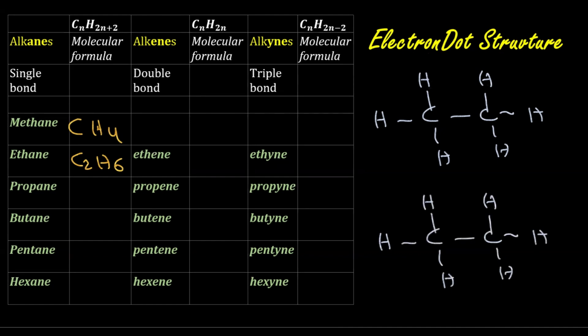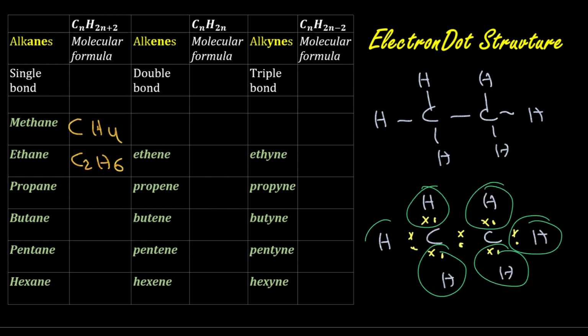So what I'm going to do is replace this bond with a cross and a dot. Same I'm going to do with all carbon-hydrogen bonds. This is cross dot, cross dot, cross dot, cross dot, and a cross dot. And between the carbon bond, I'll be using cross, indicating that here dot represents the electron for hydrogen and cross represents the electron for carbon.